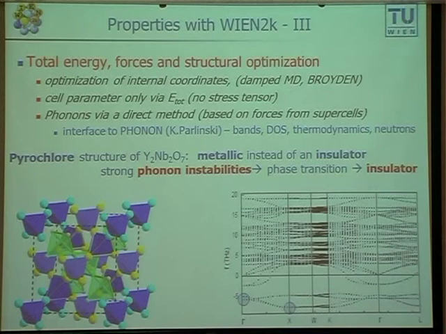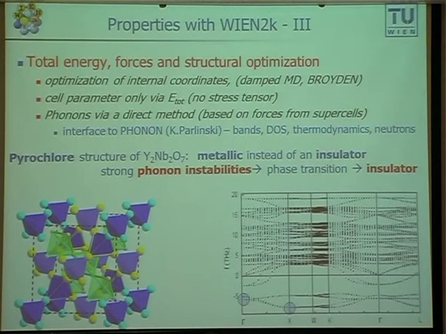So maybe some people in this audience would say, d electrons, strongly correlated system. Could be. But before we went to this, since niobium 4d is not really so correlated, we calculated the phonons. And what you saw is we have a lot of branches with imaginary frequencies. And that means this cubic structure is dynamically unstable.